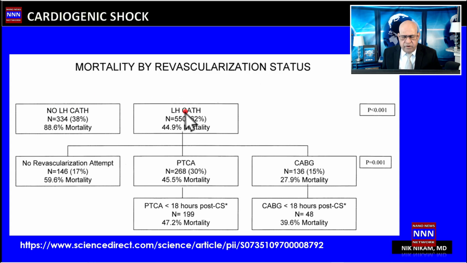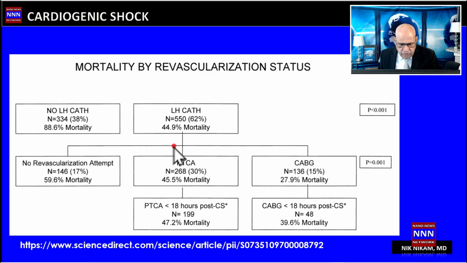On the other hand, if your institution is equipped for handling STEMI, and you can do a cardiac catheterization, and if no revascularization attempt is needed, which is very unusual, but still they had 146 patients, the mortality is still better, because once we know the coronary anatomy, we can be a little more confident as to how we address the overall cardiogenic shock.